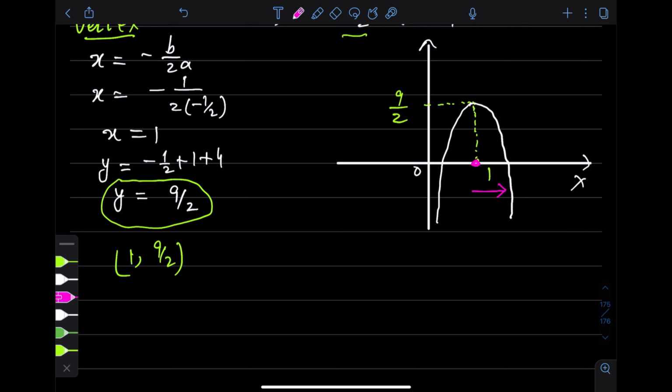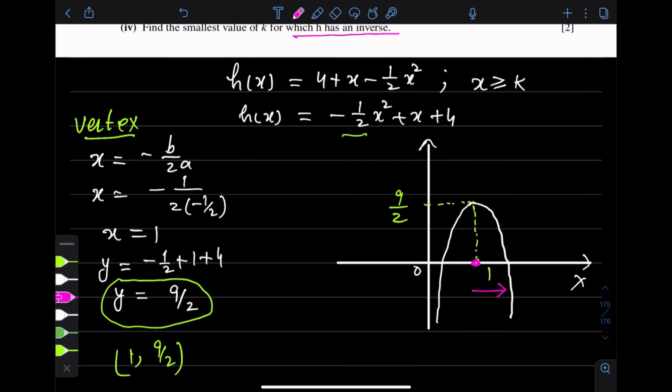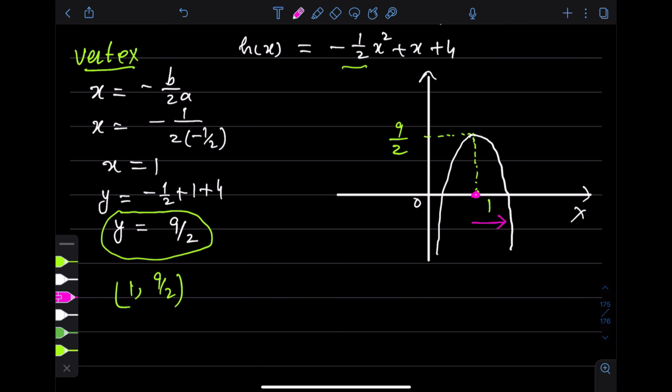So the smallest value of k, k is actually the value of x. So the smallest k is equal to 1.